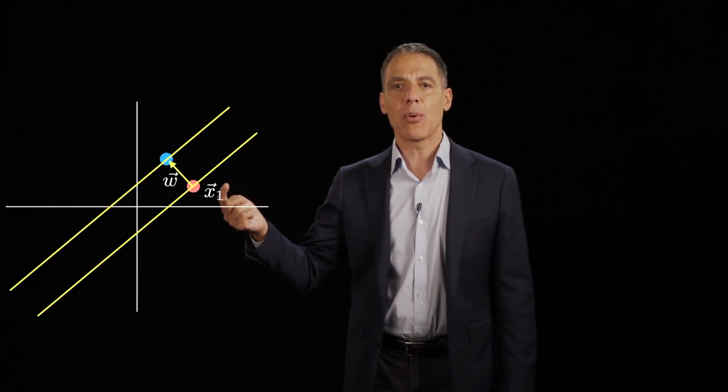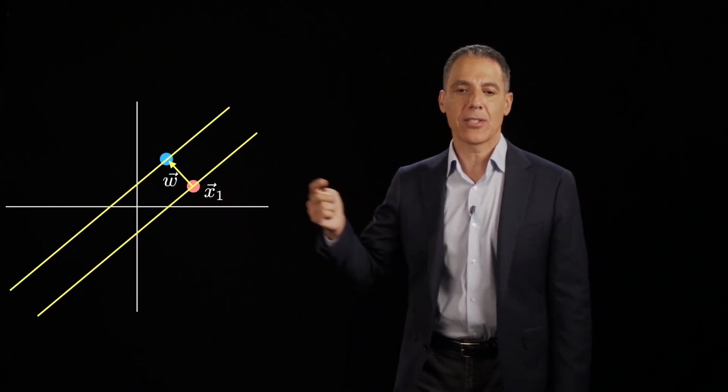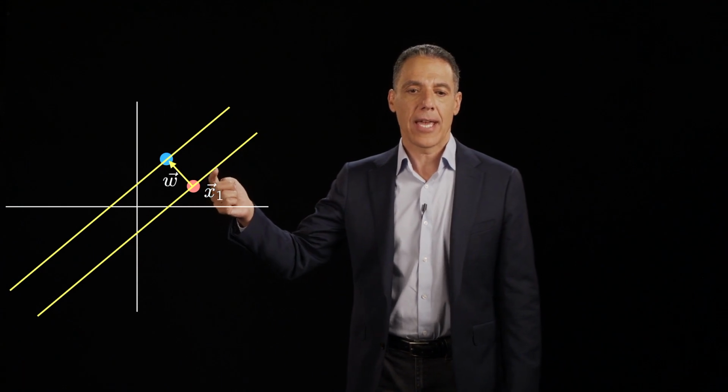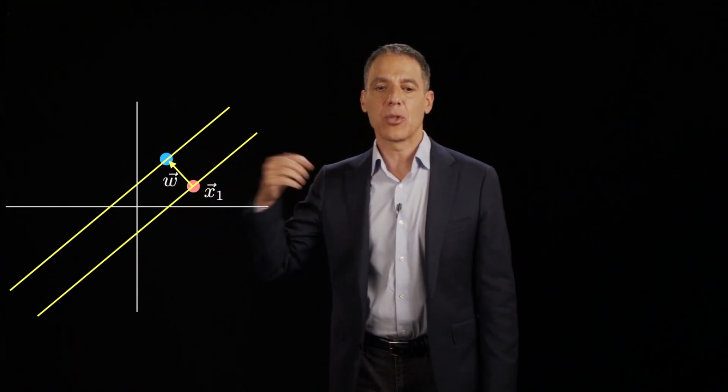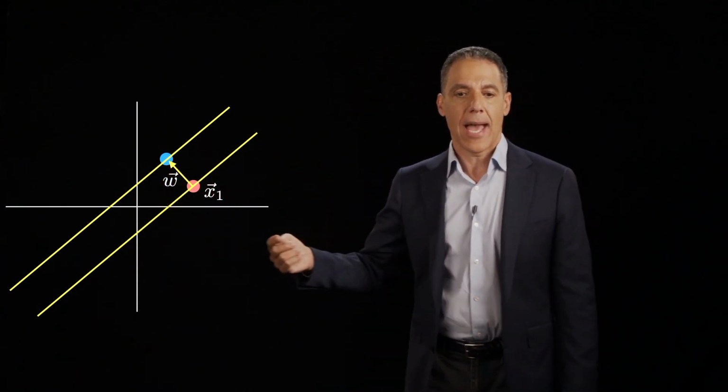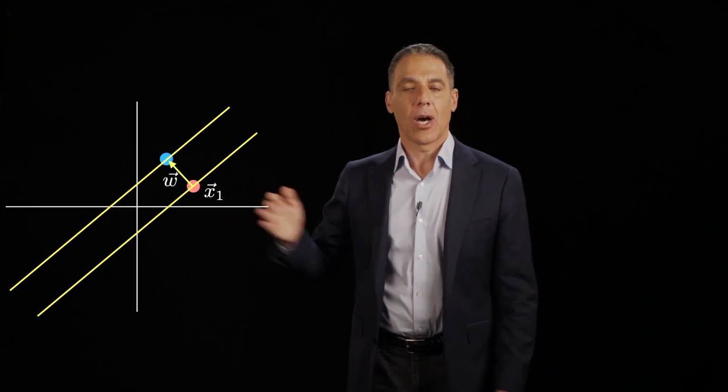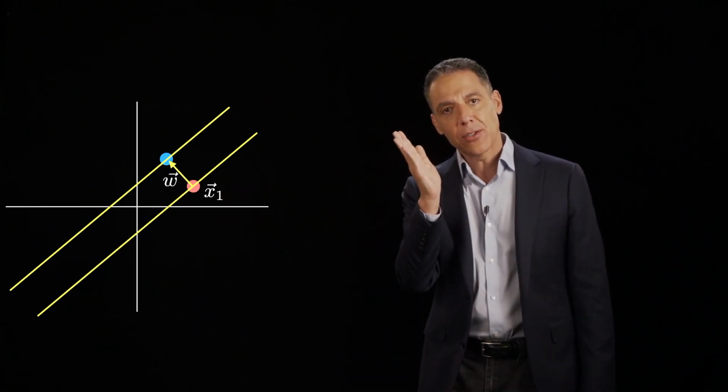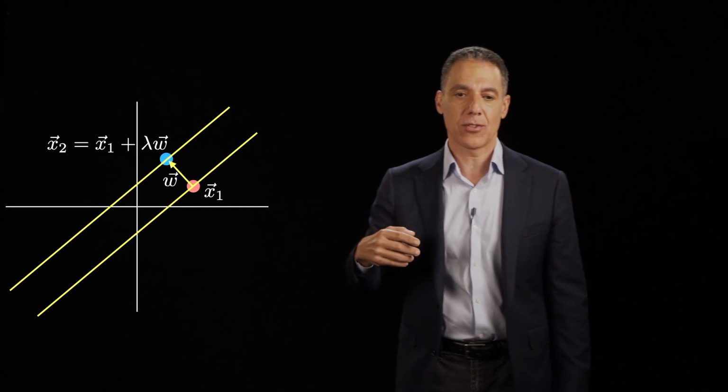All right, let's take a point x1 in the red class and put it on this line. And let's consider the corresponding blue point over here. Now, what is w? W is that little vector that is perpendicular to the separating surface. So if x1 is this, let's think about what happens when we move up to the other side of the classification surface.